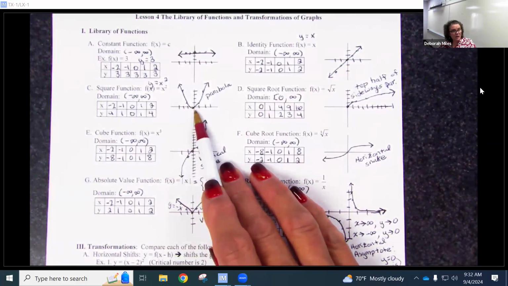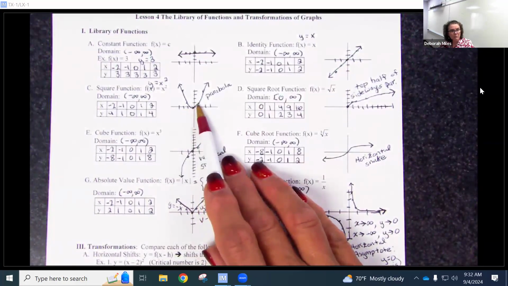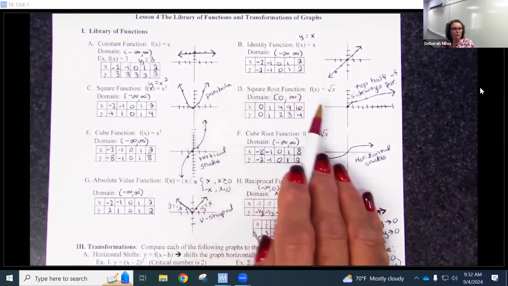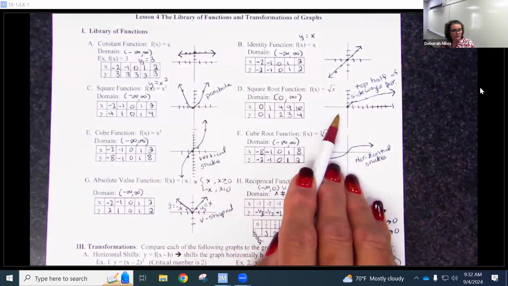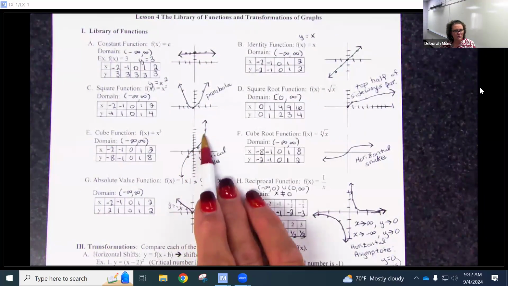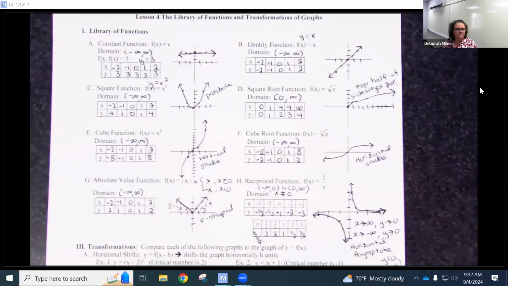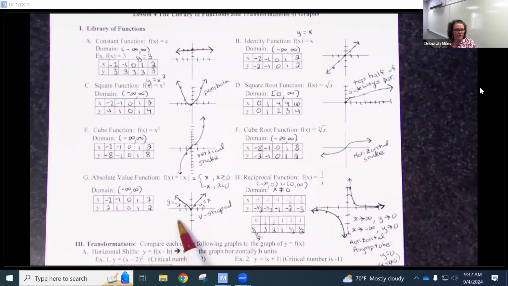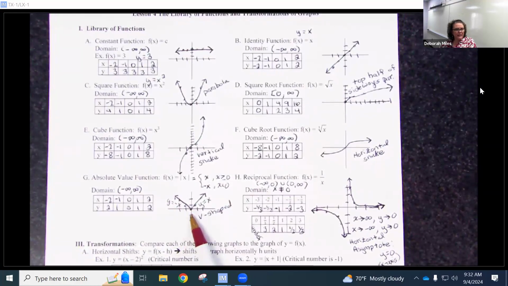Later we're going to call that turning point of the parabola the vertex of the parabola. It's at the origin. The square root of x starts at the origin. The cube function goes through the origin, and that's where the curvature changes. Same thing for cube root of x and for absolute value. 0, 0 is an important point on all of those graphs.